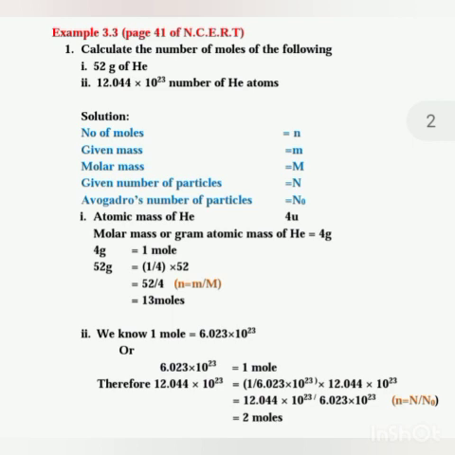Now you can see here these are the different symbols which are given. Number of moles is always denoted by small n. Given mass is always denoted by small m.